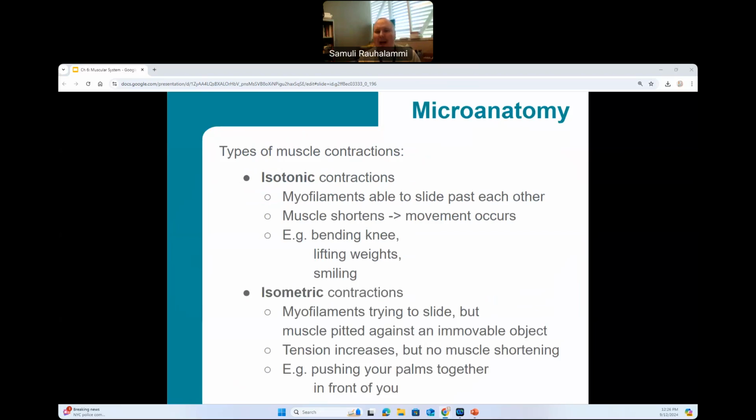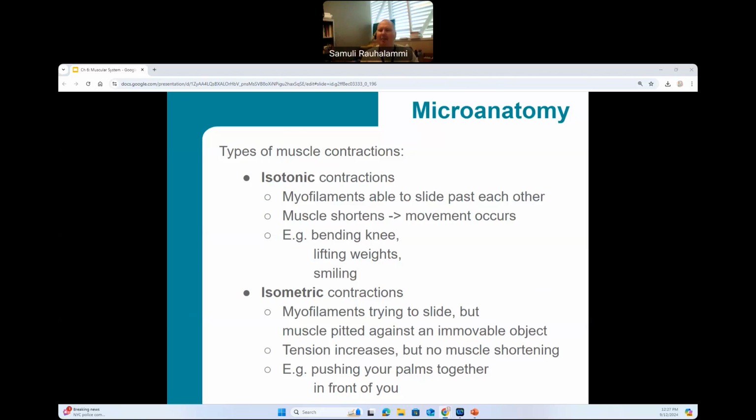But let's unpack our isometric contractions a little bit. In isometric contractions, although the muscle filaments are trying to slide past each other, the muscle is actually locked, pitted against an immovable object. As a result, the tension increases, but the muscle length does not change, so the muscle does not get shorter.